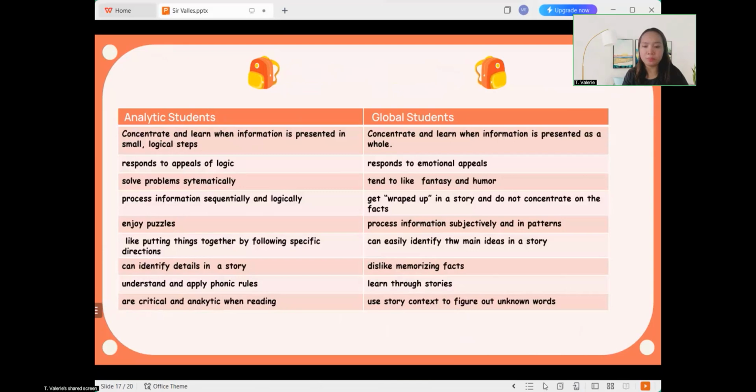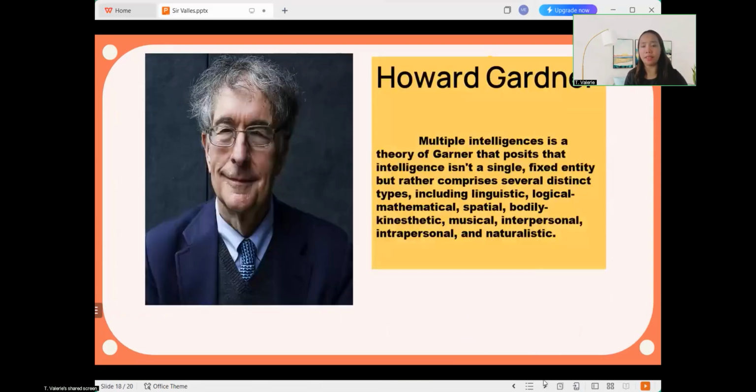Now let's have Howard Gardner. I know that you are all familiar with Howard Gardner and multiple intelligences.